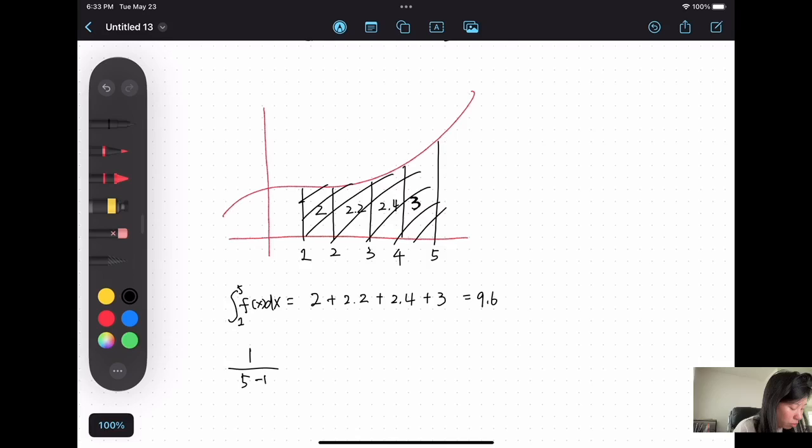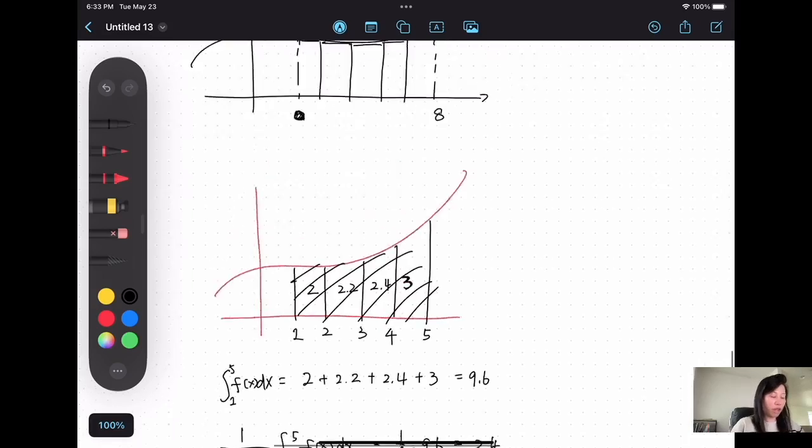You can use what we learned earlier: 1/4 times the integral from 1 to 5 of f(x) dx. So that is 1/4 times 9.6, which is 2.4. So on average, each one of these blocks is equal to 2.4, whatever the unit is.